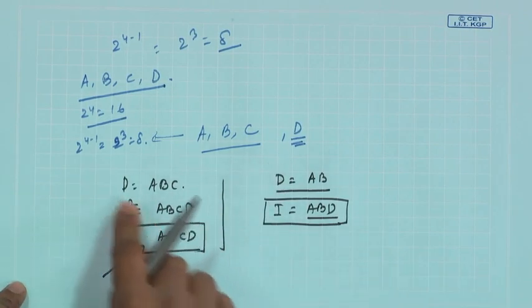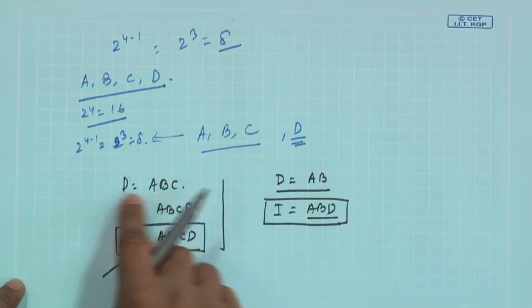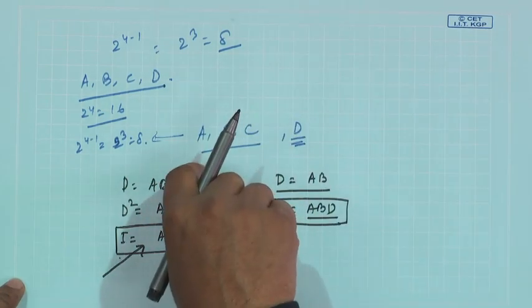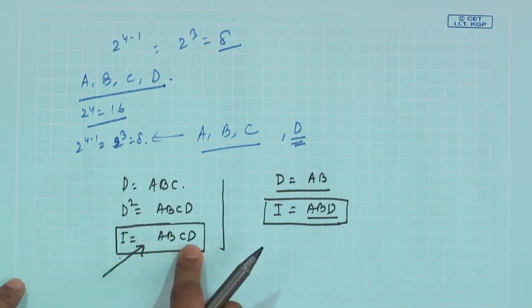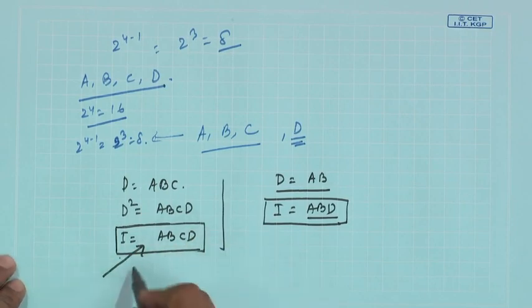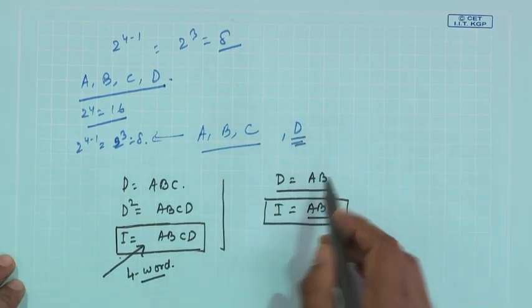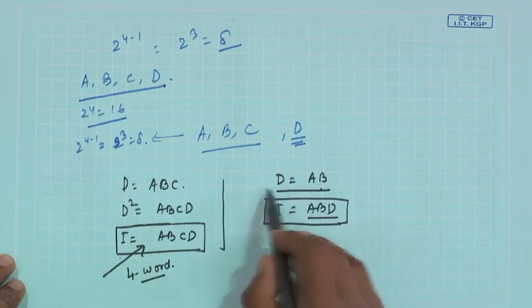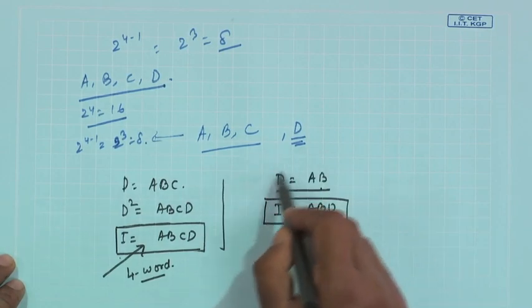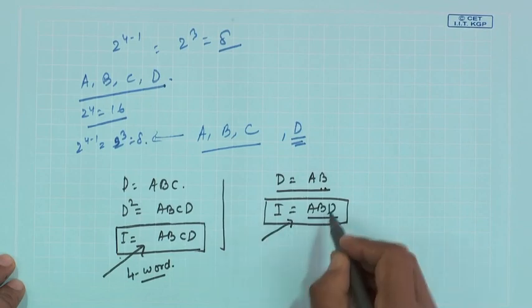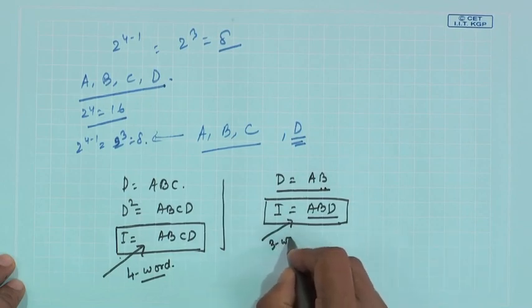Here, if D is confounded with ABC by design, then I equal to ABCD, this is a 4-word relation. If instead of confounding with ABC, you confound D with AB, then the defining relation here has 3 words.